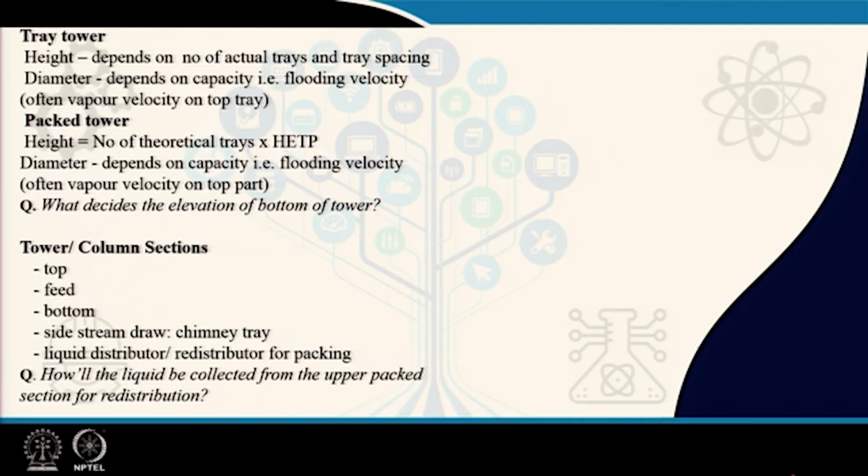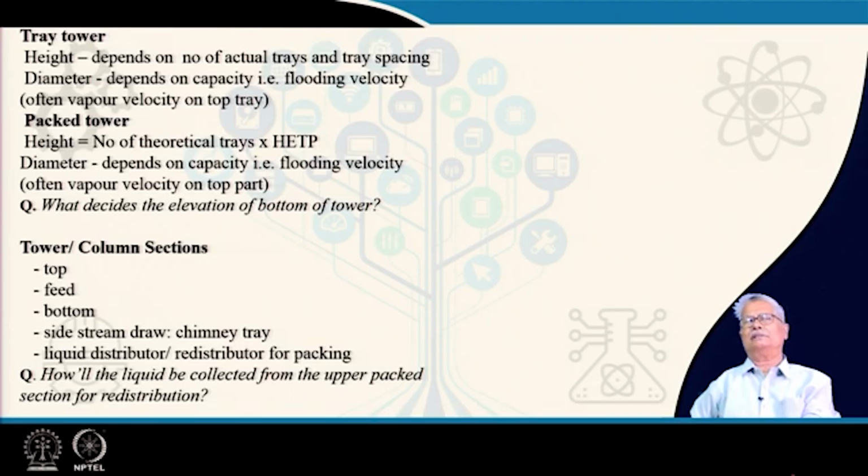That is, the top tray dimension normally is largest based on the top tray vapor velocity, and in most of the designs the same diameter is maintained, particularly when the tower capacity is not too large, not like maybe a few million tons per annum. If you are talking about only the capacity in some meter cube per hour, maybe 50, 60, 100, it will have a uniform cross section all through.